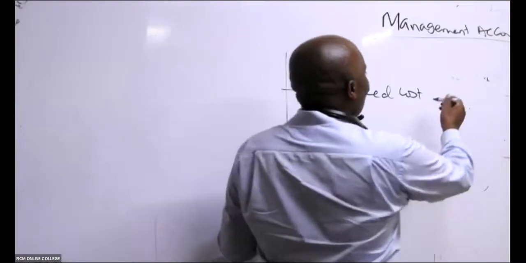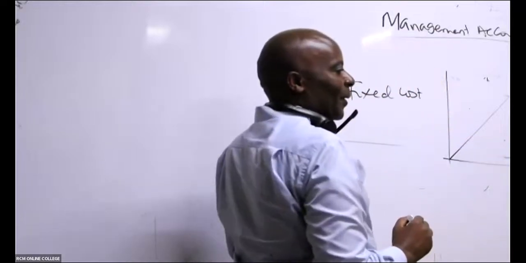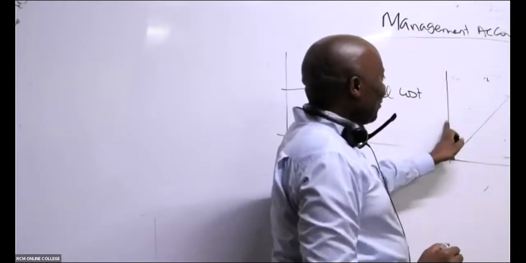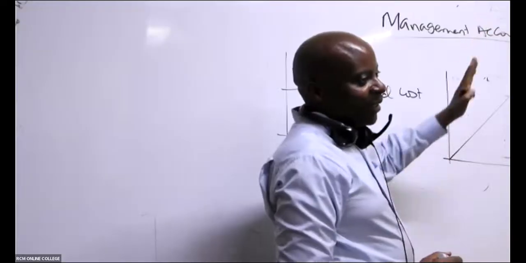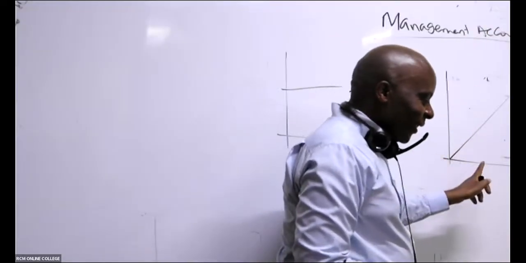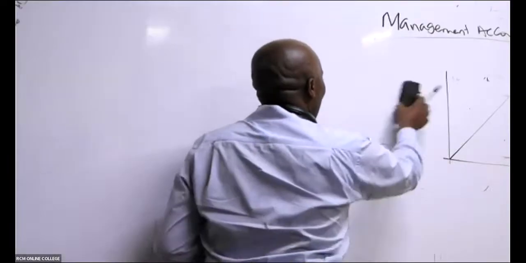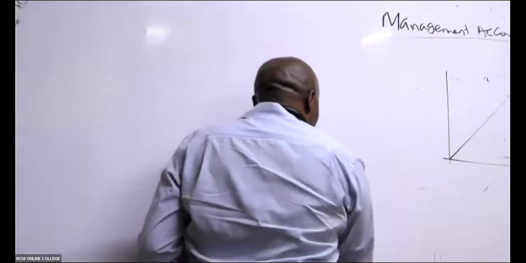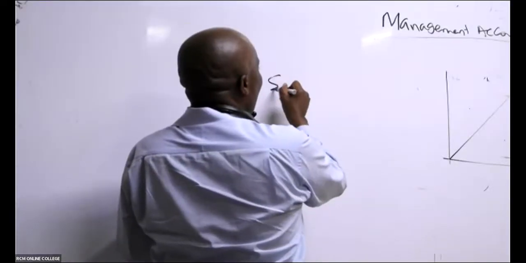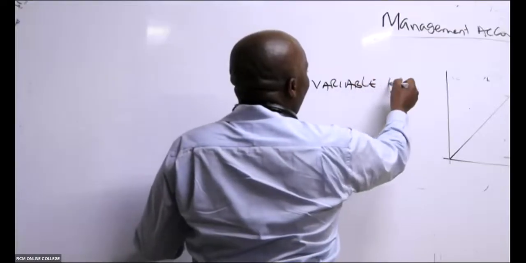Then we have in this particular case, ladies and gentlemen, variable costs which behave like this. As output is increasing, what is happening to this cost? Increasing. If we produce 0, variable cost will be 0. Then now we have another behavioral classification, semi-variable cost.